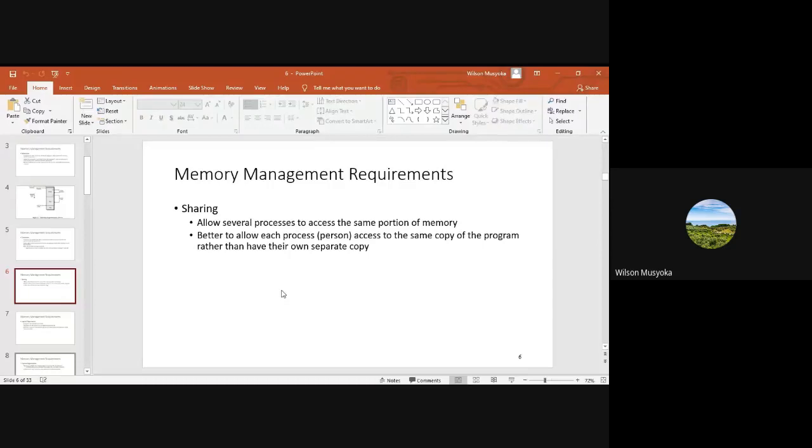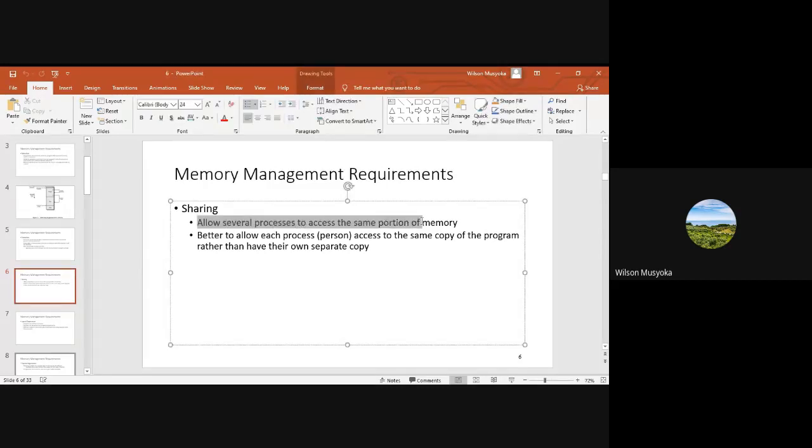Another memory management requirement is sharing. What do we mean by sharing? This is where we are talking about allowing several processes to access the same portion of memory. How does this happen? If these processes are accessing the same data, then it can be allowed.